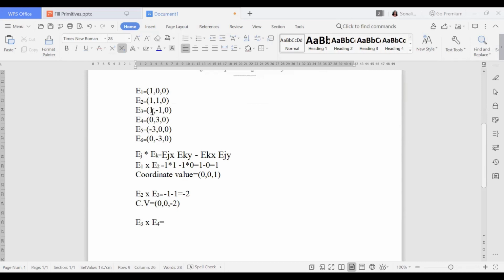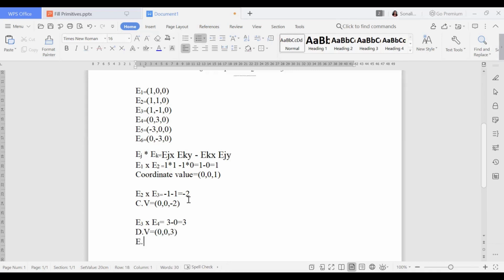So E3 into E4: 1 into 3 is 3, minus 1 into 0, so 0. What is the answer I got? 3. So what is the coordinate value? I got 0 comma 0 comma 3.